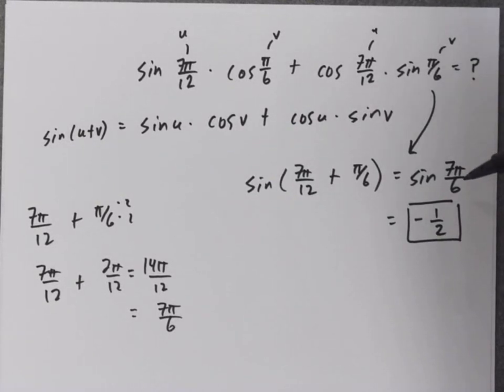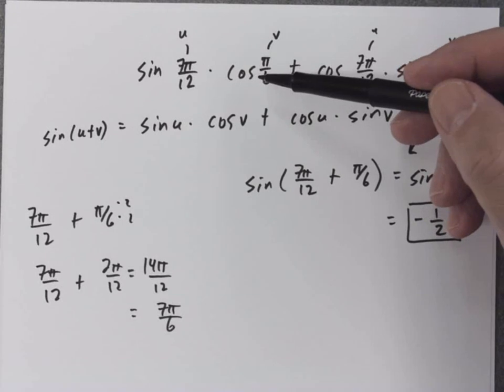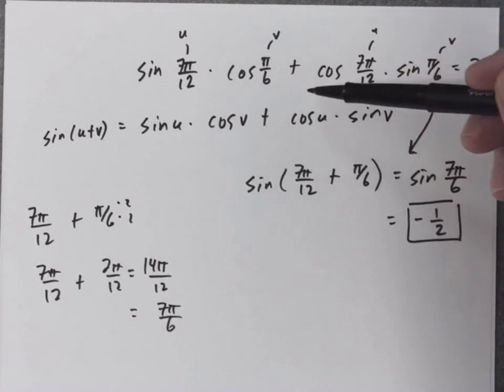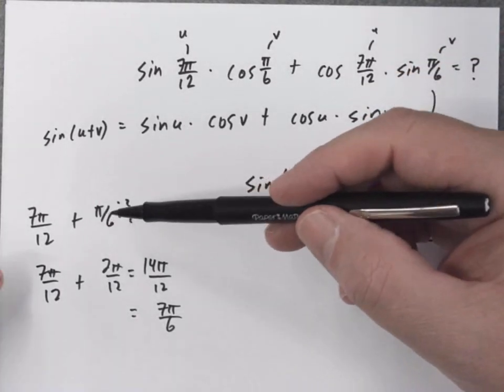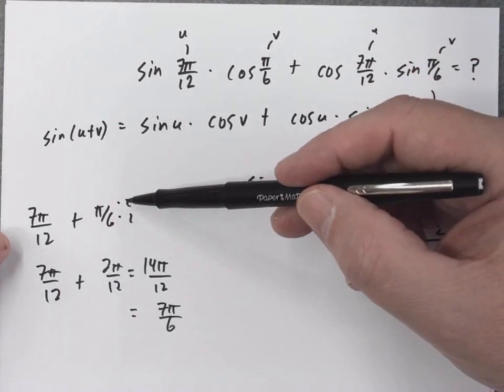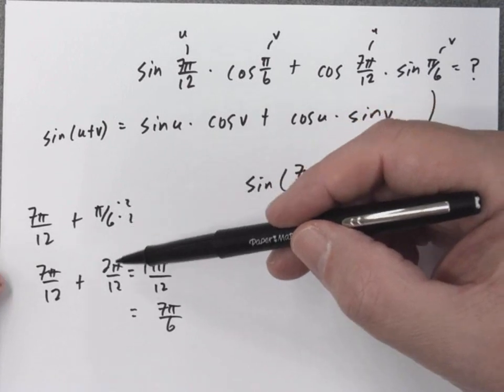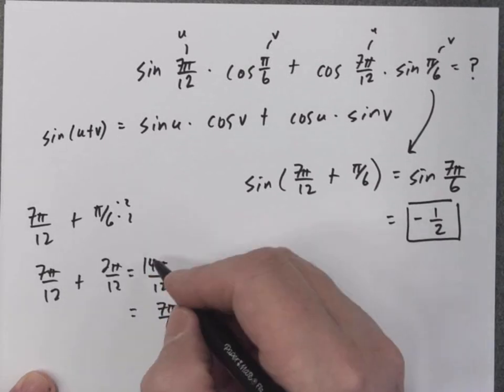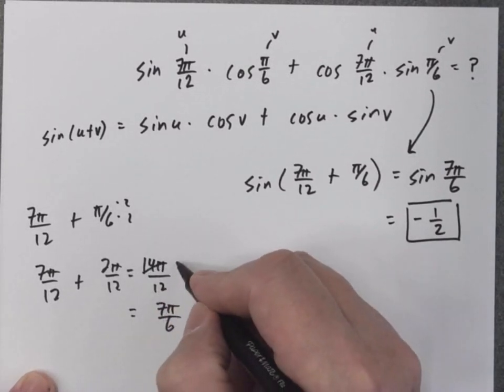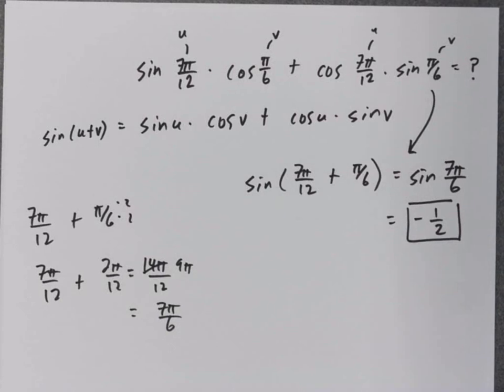Sine of u, sine of v. Right, plus, so let me make sure I did the math here correctly. Wow, look at this. You guys probably saw this. 7 plus 2, sorry, that's 9 pi over 12.